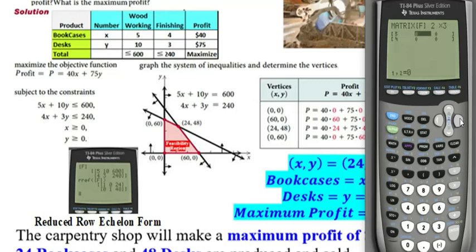For y we have 10, 3. Augmented with 600, 240.